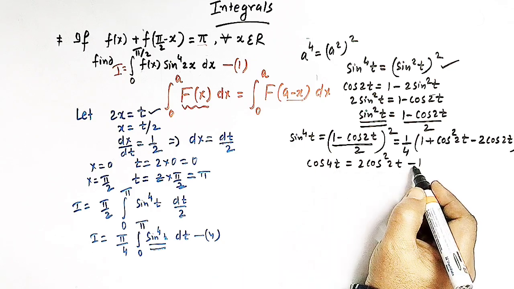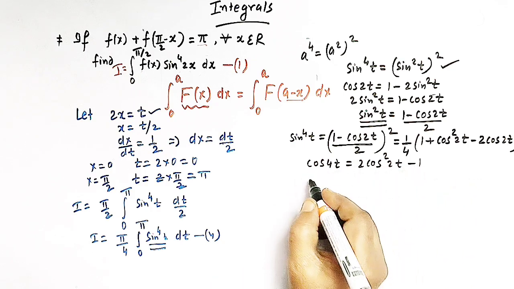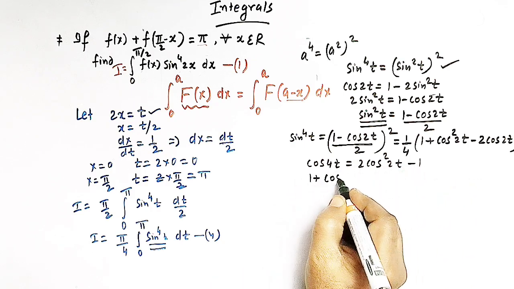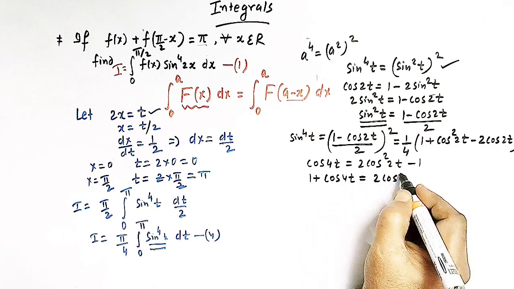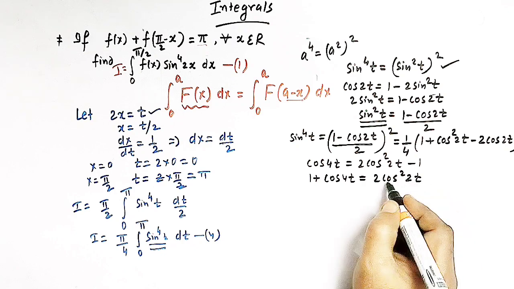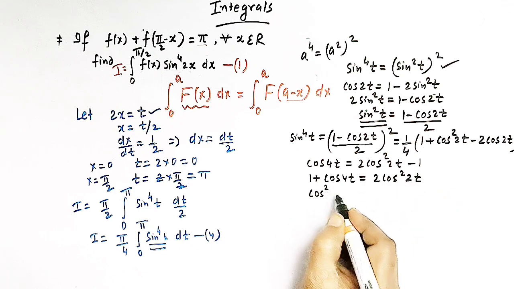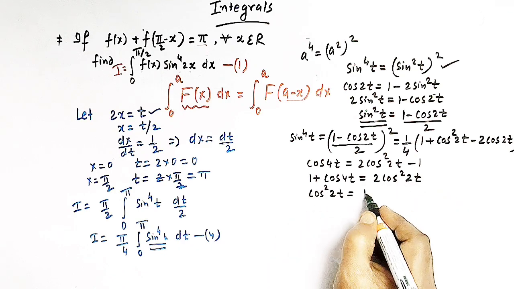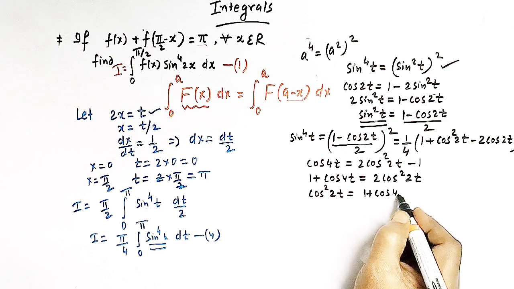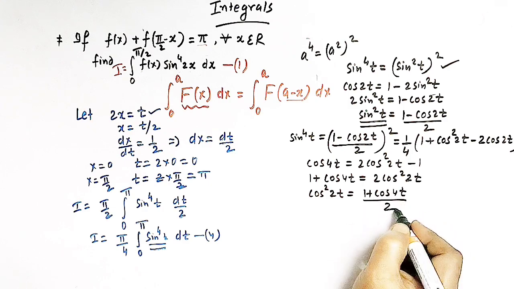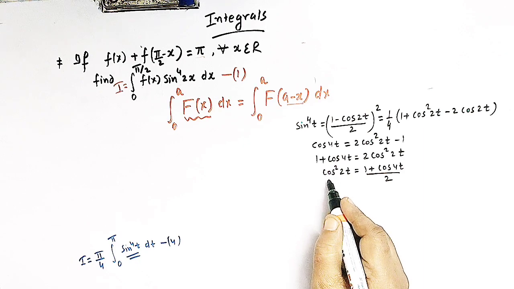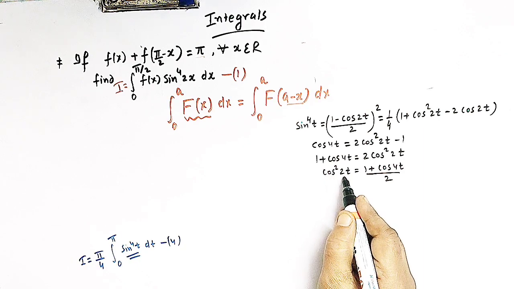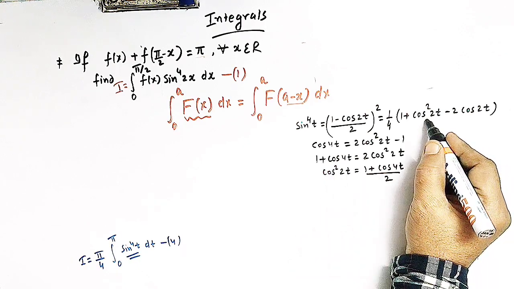So here we can again rearrange the terms. So we have 1 plus cos 4t is equal to 2 cos square 2t, and cos square 2t can be written as (1 plus cos 4t) over 2.